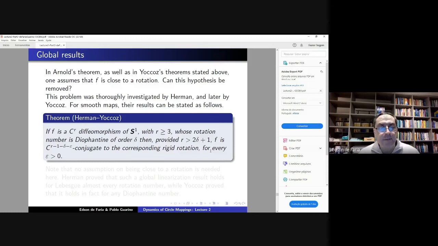I'm not talking about all the details. In particular, I'm not defining these differentiability classes here, I'm talking about them as if these were integers, but they're not integers, okay? So what does it mean to say C^r when r is not an integer?